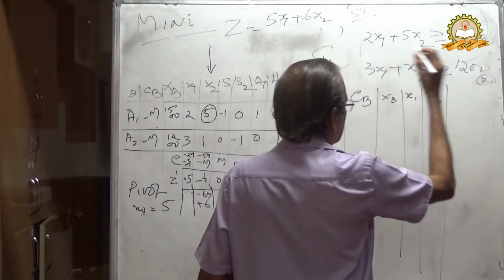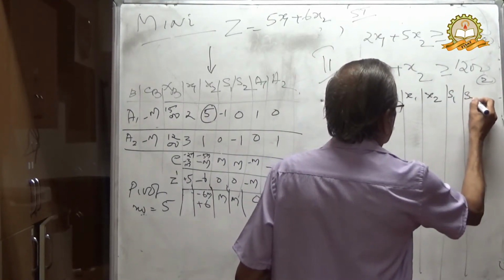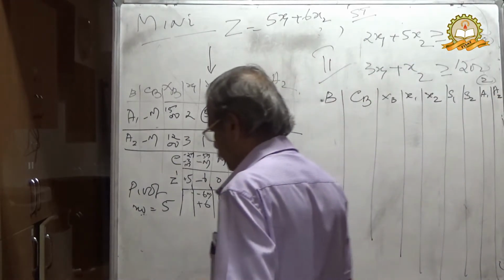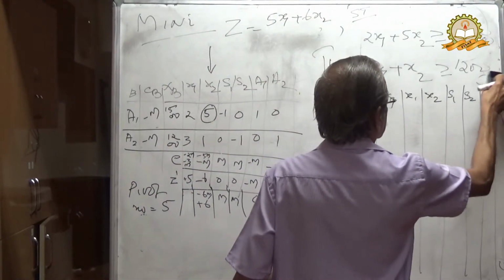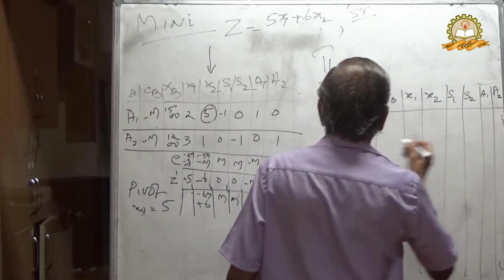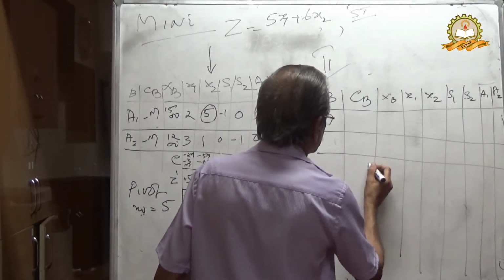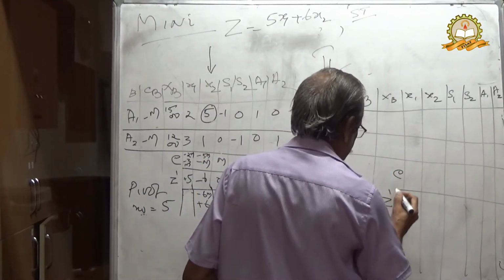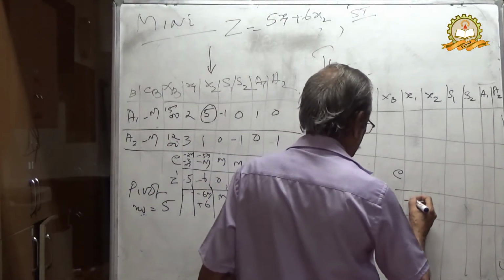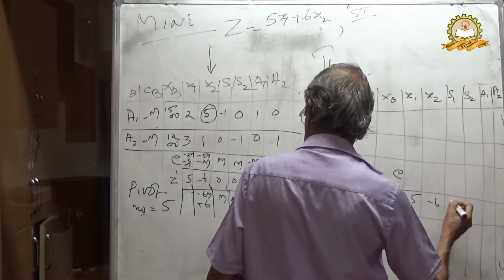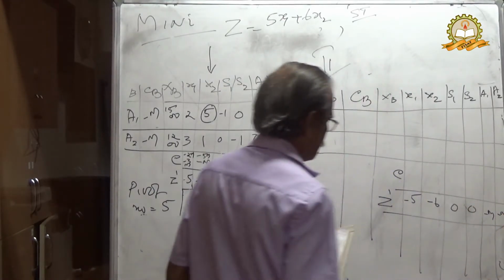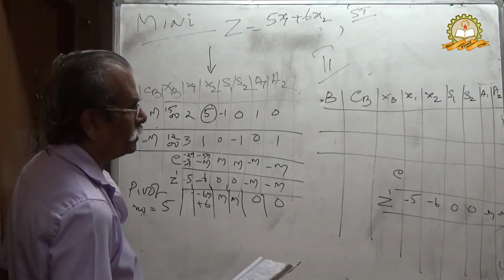Therefore, the second revised table becomes: the z dash row is minus 5, minus 6, 0s1, 0, minus M, minus M. Here the pivot number is 5.